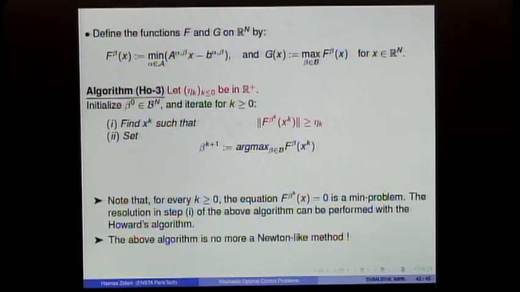So what we ask to make the algorithm work is you have a sequence eta k, and you solve this equation, the residual at xk should be less than eta k. You want to have 0 here. Eta k being a positive sequence, and for the other step you do as before.